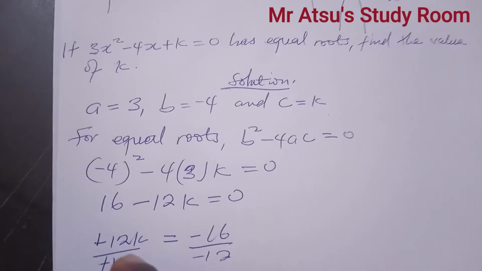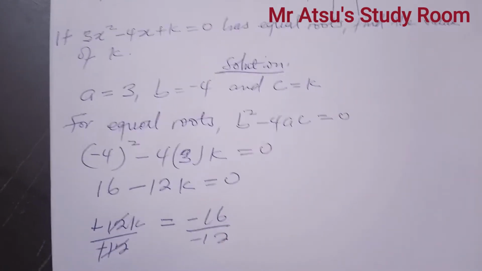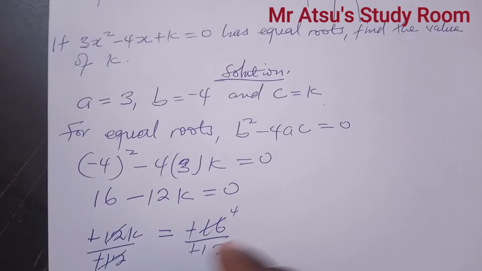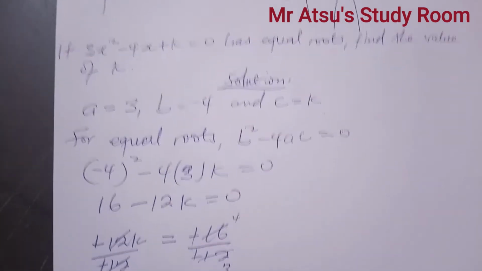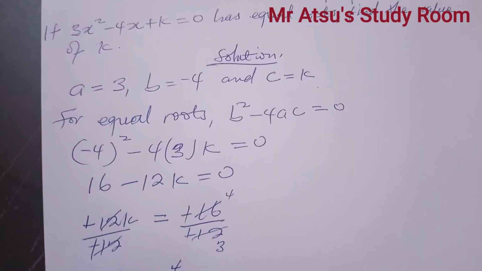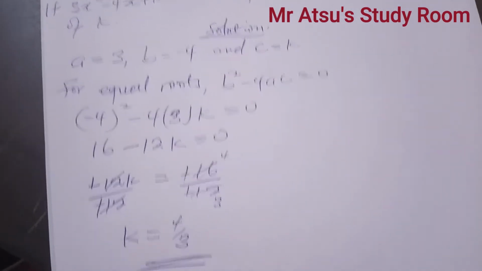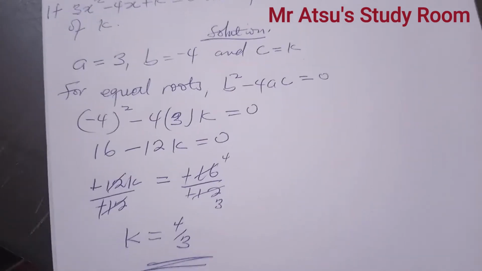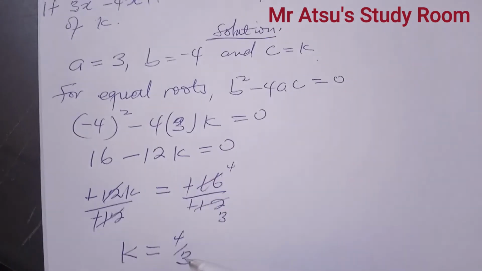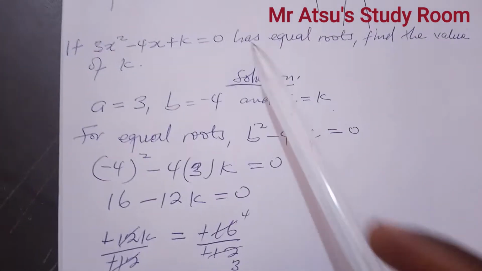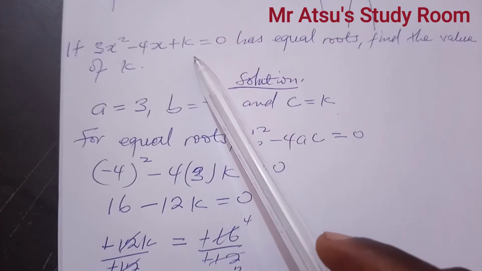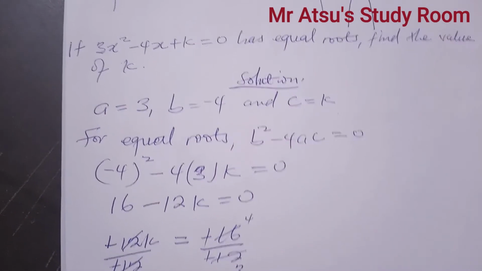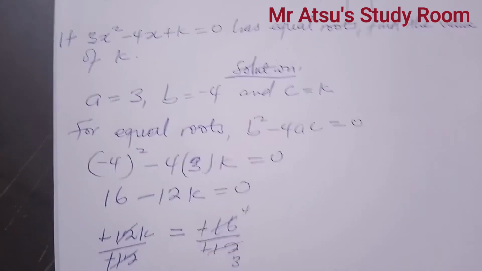So our k will be equal to, 4 goes here 4 times, goes here 3 times, so 4/3. It means that when we put our 4/3 in place of k here, the discriminant will be equal to 0, or it will have repeated root.